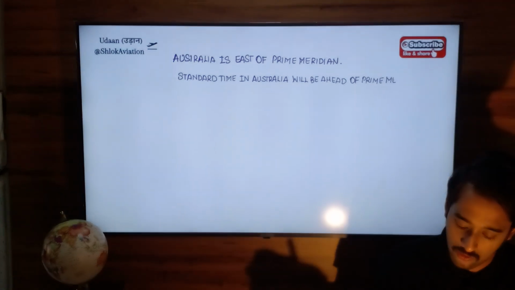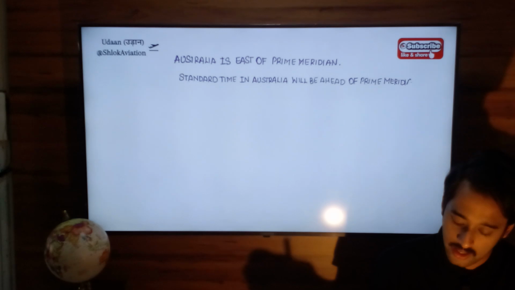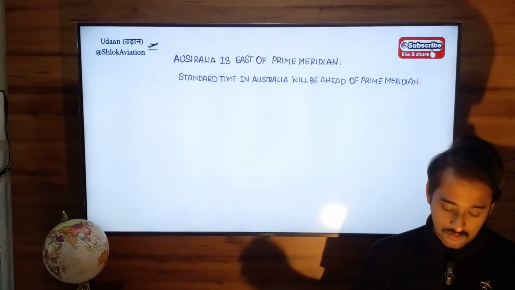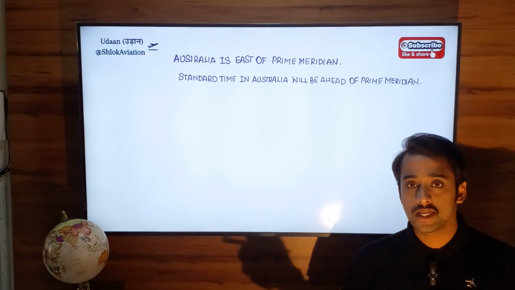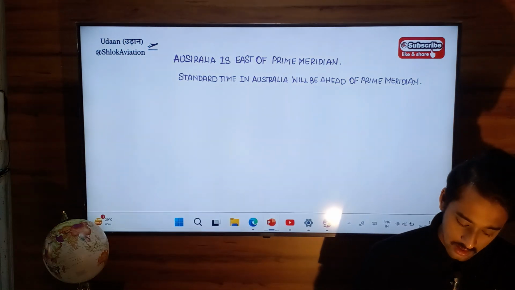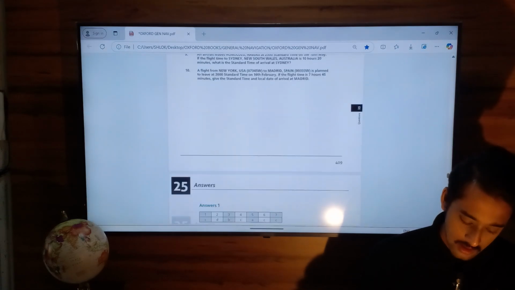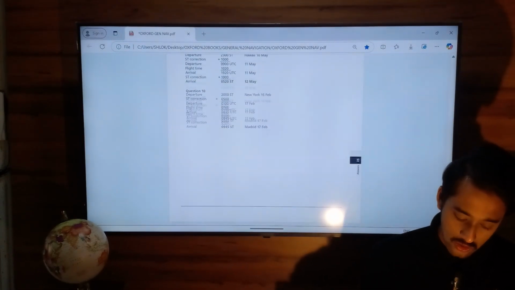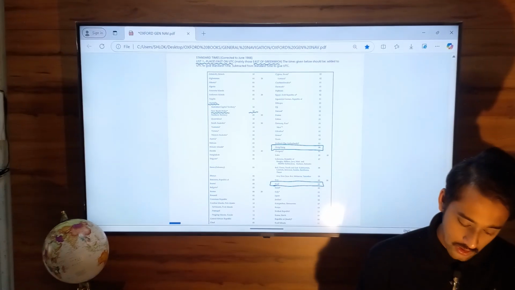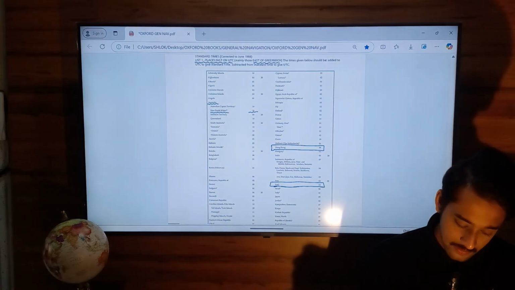Now let's see how much ahead of UTC the standard time in Australia is. So let's look at the almanac table, Table number 1, which has a list of places which are faster than UTC. Okay, so let's go to Australia.